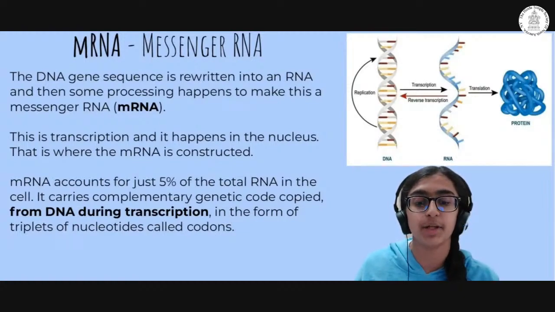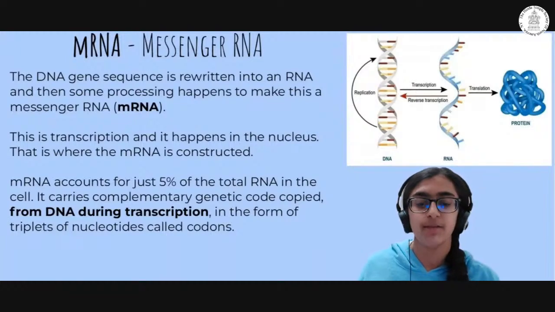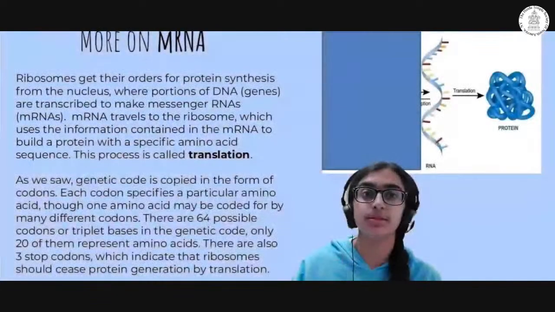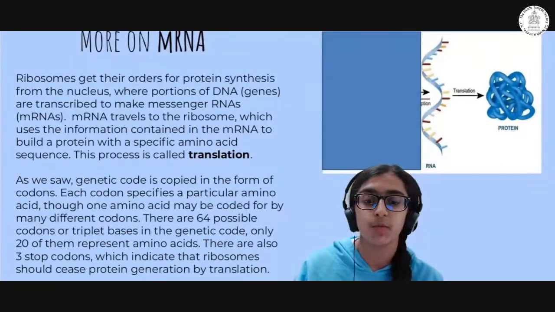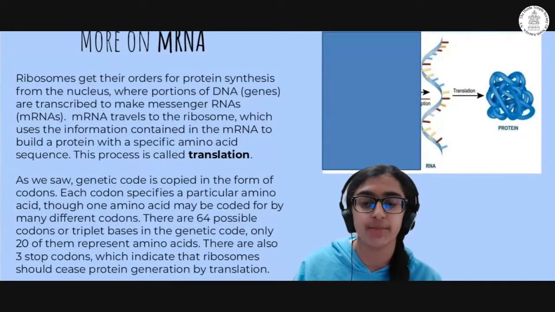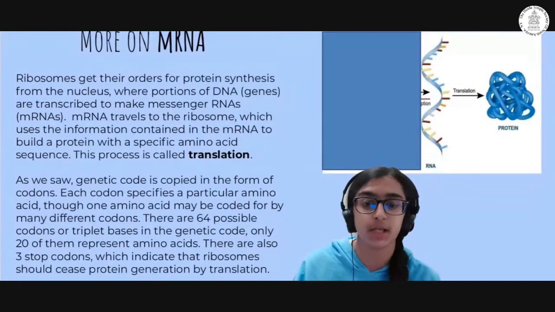It carries complementary genetic code copied from DNA during transcription in the form of triplets of nucleotides called codons. Ribosomes get their orders for protein synthesis from the nucleus, where portions of DNA are transcribed to make messenger RNAs. mRNA then travels to the ribosome, which uses the information contained in the mRNA to build a protein with a specific amino acid sequence.